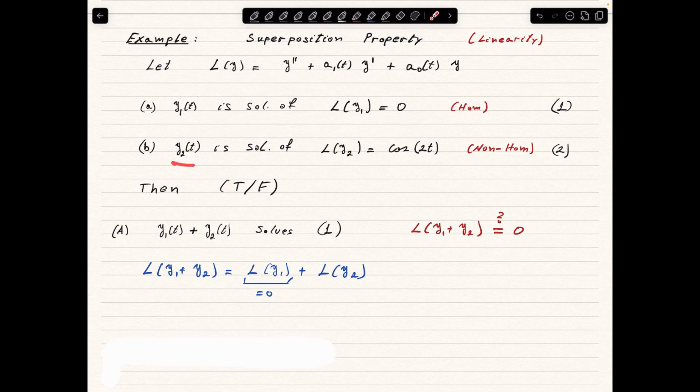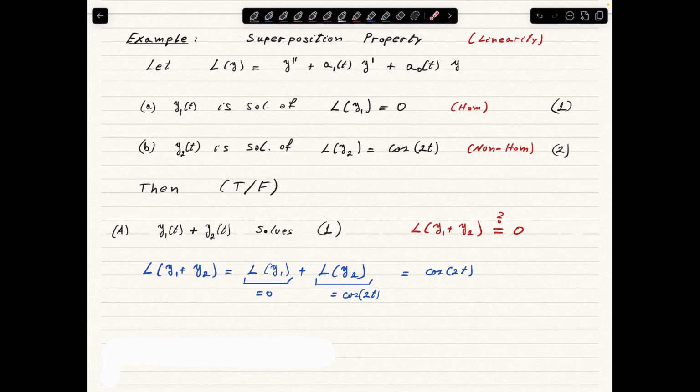And y2 is the function whose L is the cosine of 2t. So what we are saying here is that this is equal to 0 plus cosine of 2t.